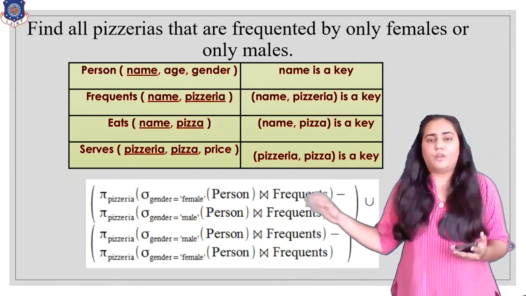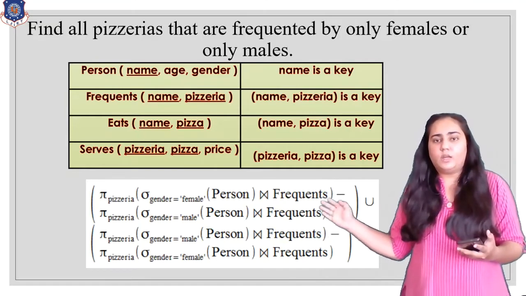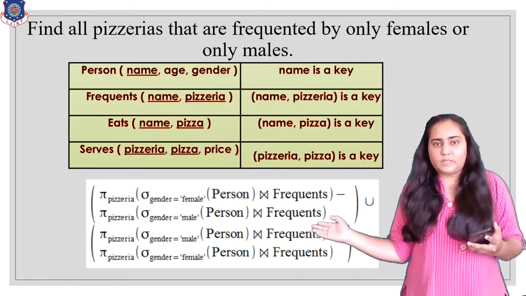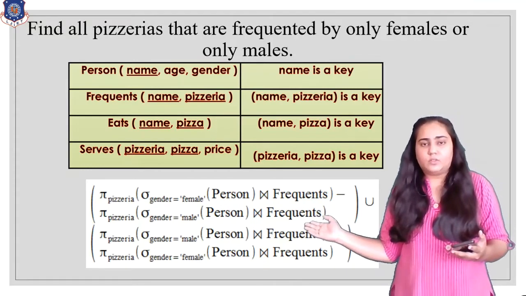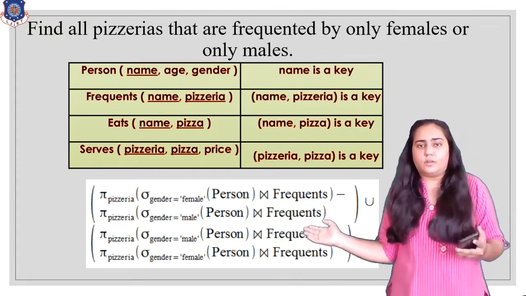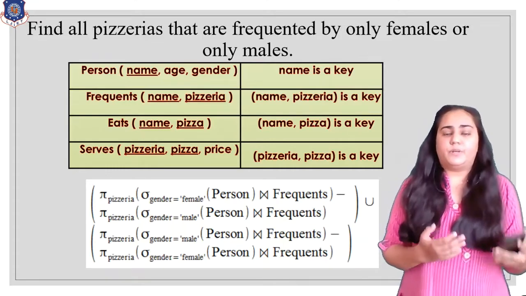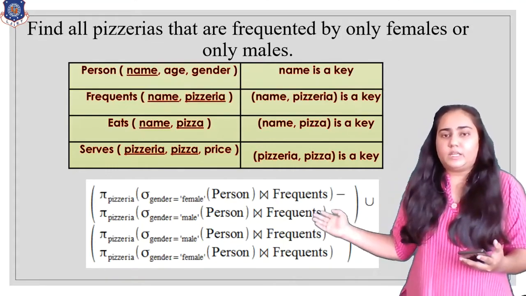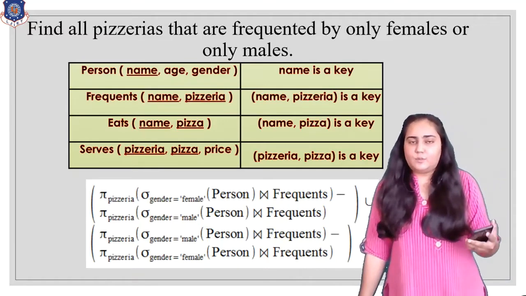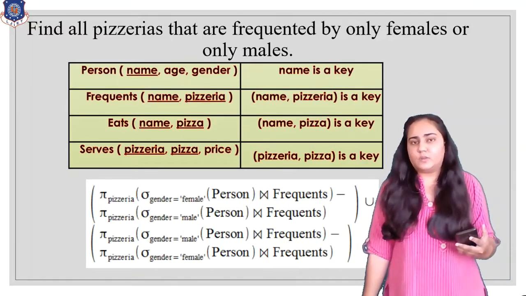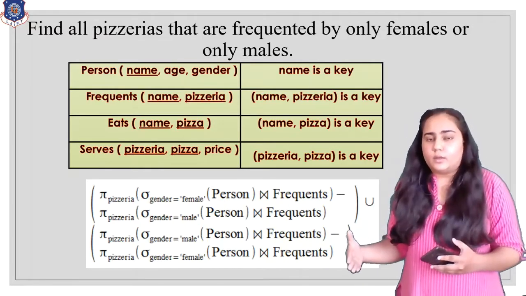Now I have replicated the same query again, but this time I've written person gender equal to male. So this gives me data of all the persons who are males, and then I'm taking a natural join of that with frequents. What this gives me are all the pizzerias where males are going.